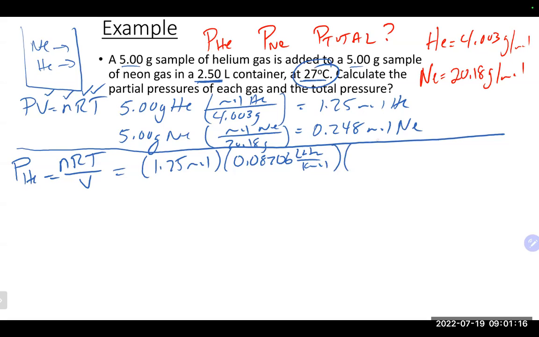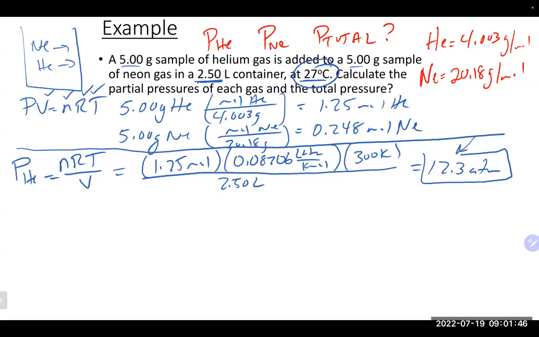So add 273 to that, I think it is 300 Kelvin, all divided by our volume of 2.5 liters. So that gives us 0.08206 times 300 times 1.25 divided by 2.5, which gives us 12.3 atmospheres. That would represent the partial pressure of helium in this mixture.